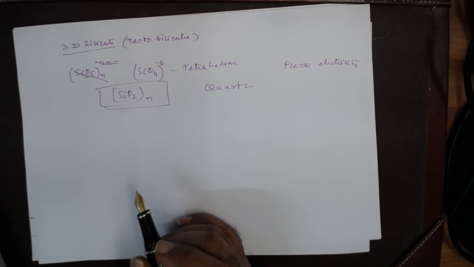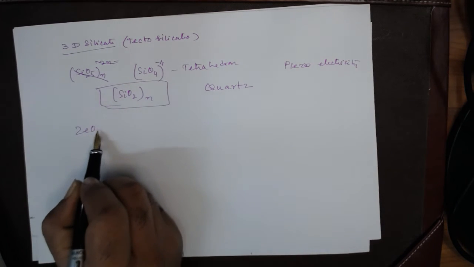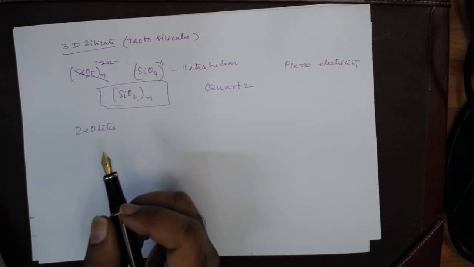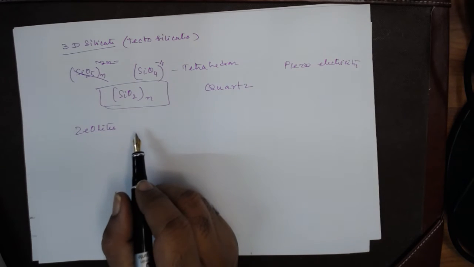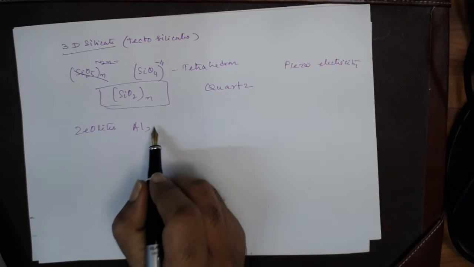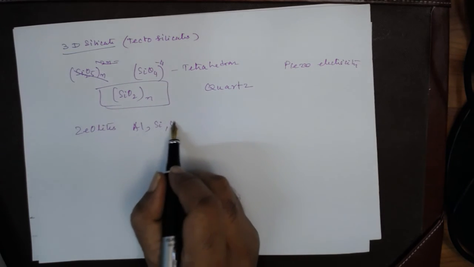And we have much more three-dimensional silicates. They can be called zeolites. They contain, along with the silicate, aluminium, silicon, and oxygen.